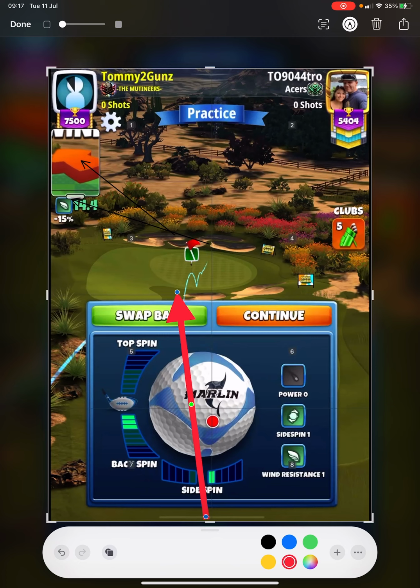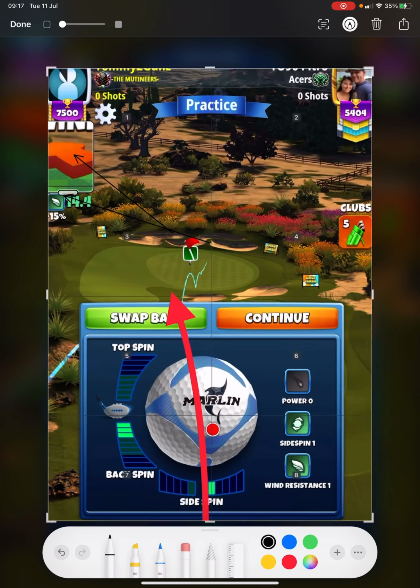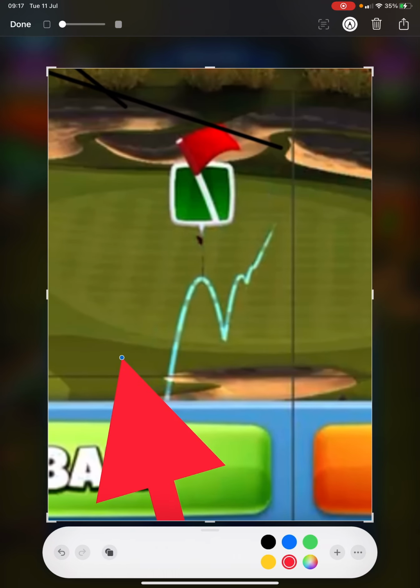If you get the wind that's more crosswind, the second little arrow that I drew, your ball is going to go like this. So instead of pointing up there, you're going to get a little bit more curl and it's going to go over that way a bit.